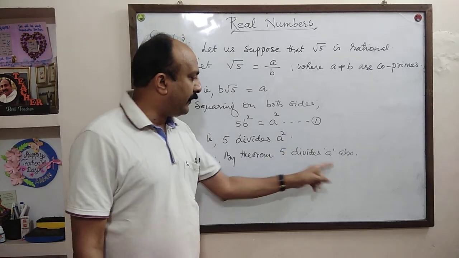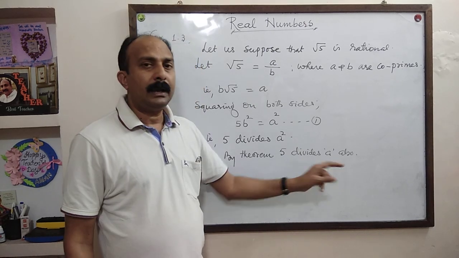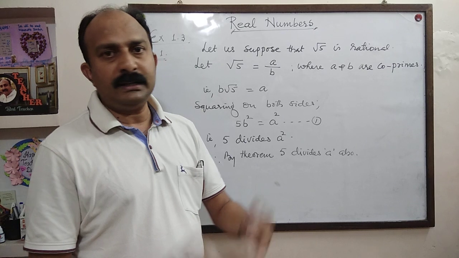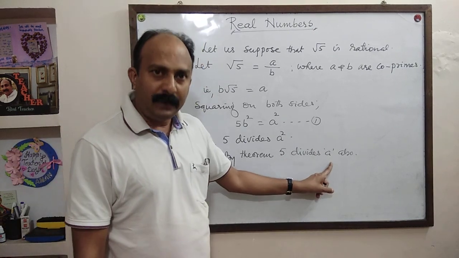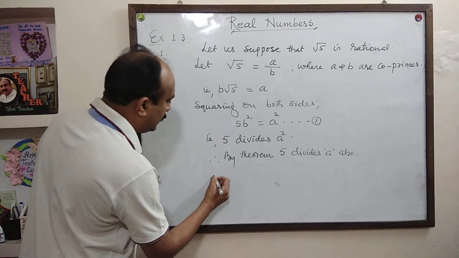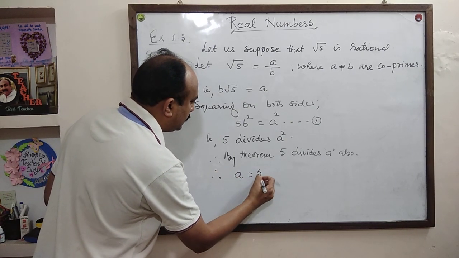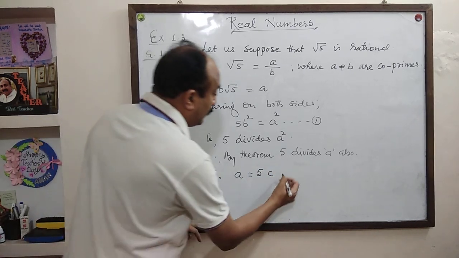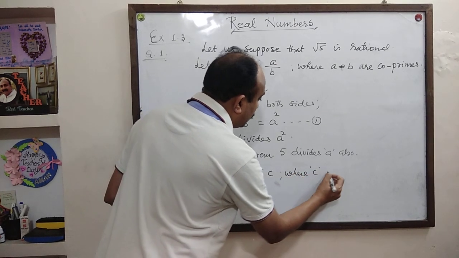If 5 is a factor of a, then this a must have one more factor, at least one. 1 is the factor of every number. So since 5 is a factor of a, a can be written as 5 into c, where c is any integer.